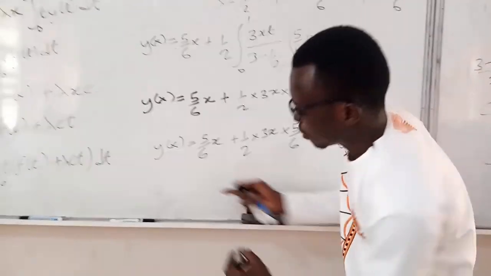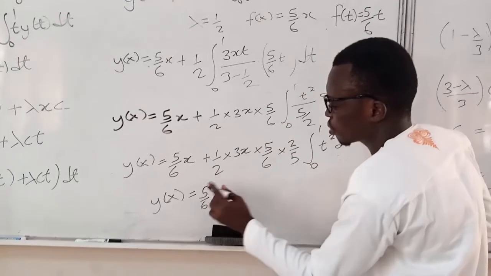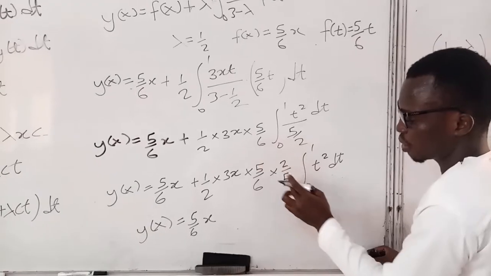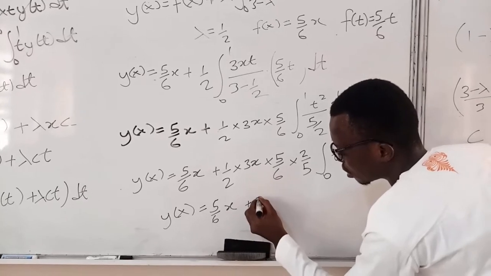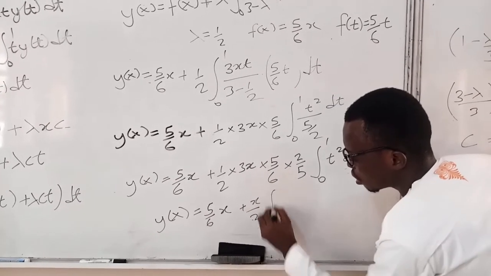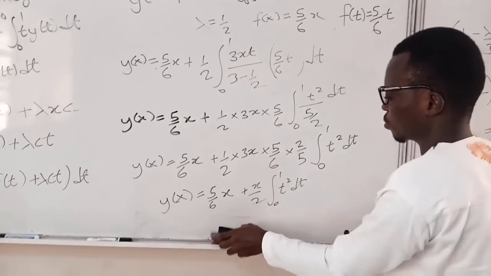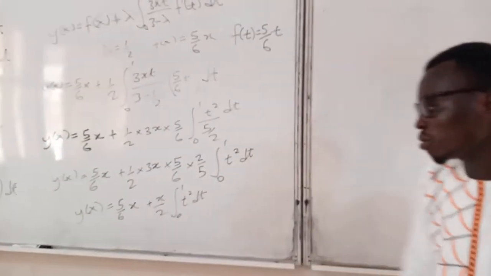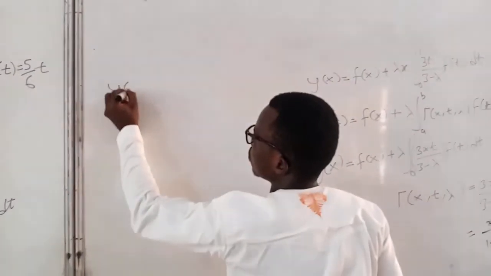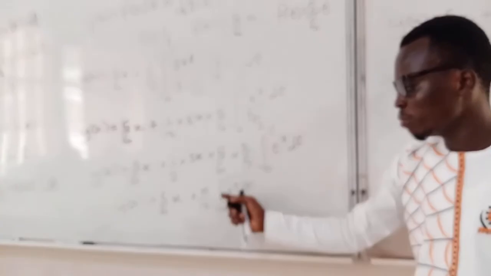So our next part becomes y of s equal to 5 over 6 s. These two will cancel these two, this 5 will cancel this 5, and here 3 will cancel this 2 times, so it will remain s plus s over 2 integral from 0 to 1 of t squared dt. The equation becomes y of s equals 5 over 6 s plus, if we integrate this, we get t cubed divided by 3.